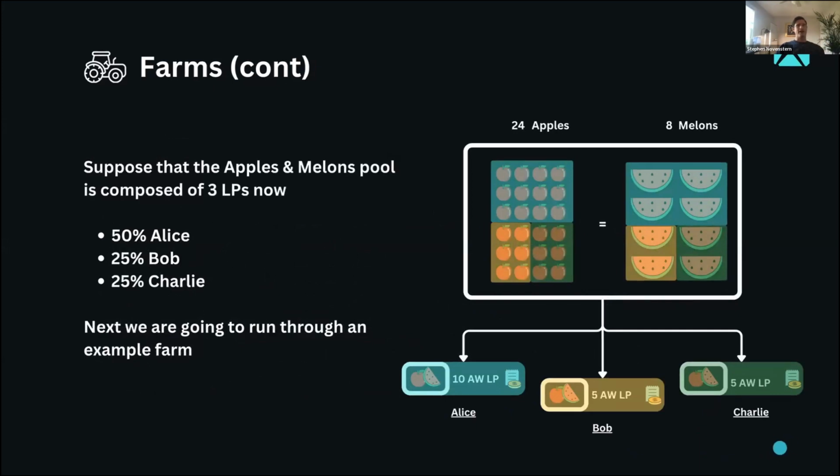Suppose that the apples and watermelons pool now has three different liquidity providers: Alice, Bob, and Charlie. And further, that Alice is 50%, and Bob and Charlie are both 25%. We're going to run through an example now.